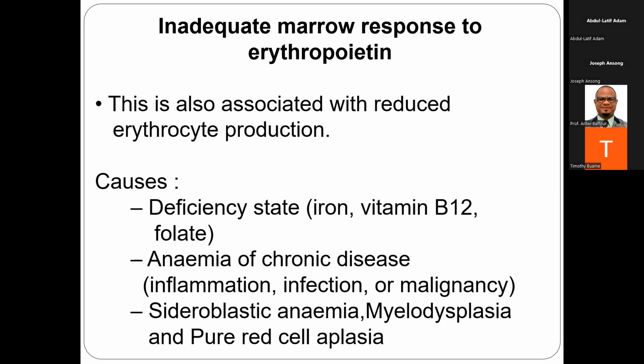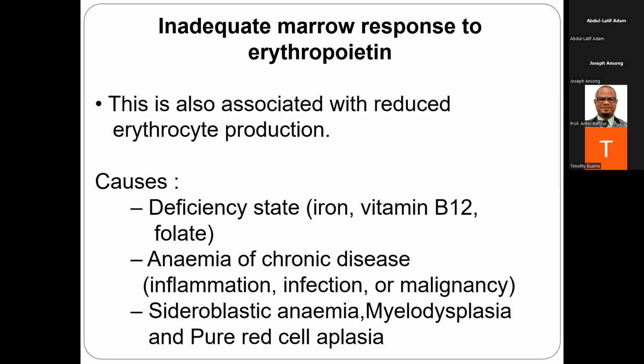Sometimes the protein is produced, but the bone marrow is not responding, so it still leads to lack of production. A deficiency state of iron means that the other ingredients required to build the red cells are not right, so the effect is very little because treatment is only effective provided the other ingredients are good.